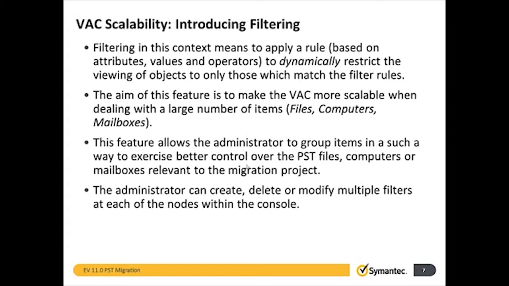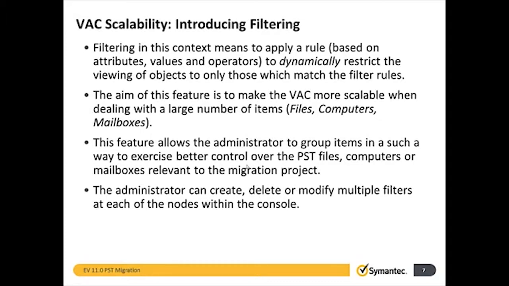And the aim of this feature is to make the Vault admin console more scalable when dealing with large numbers of items, so that includes files, computers and mailboxes. And the feature also allows the administrator to group items in such a way to exercise better control over those files, computers or mailboxes, and restrict it only to those relevant to the particular task.